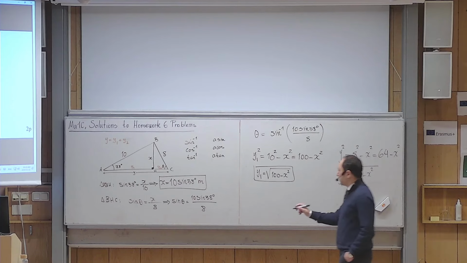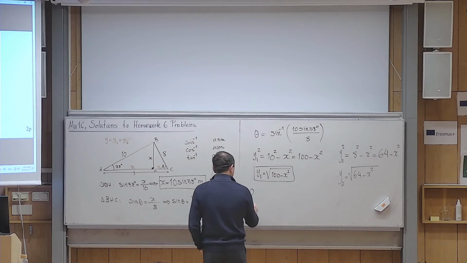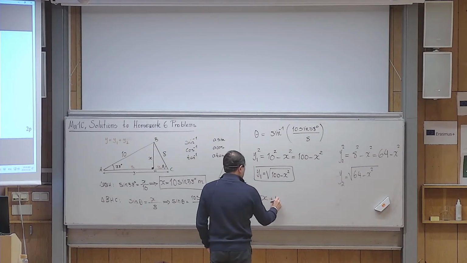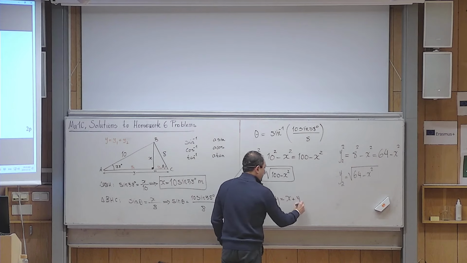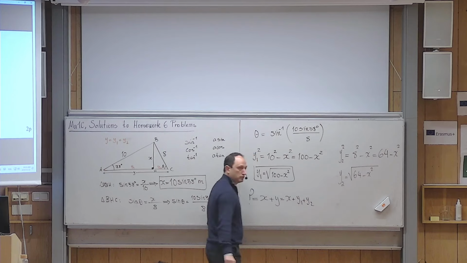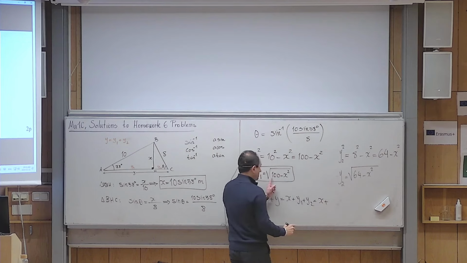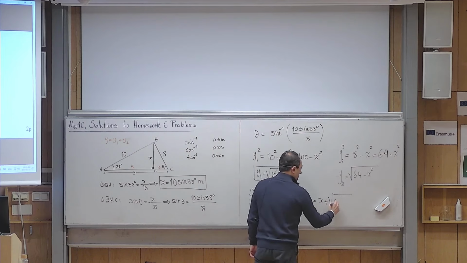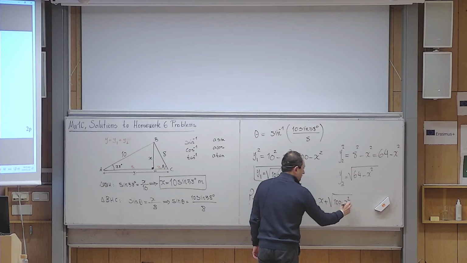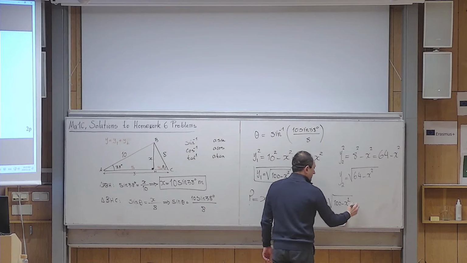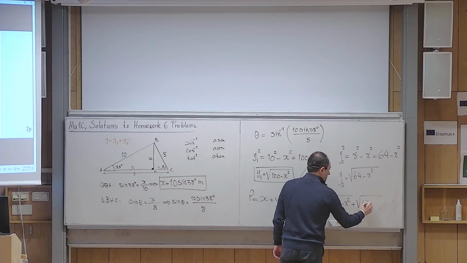So the question mark in the problem, do you remember what it was? It was x plus y. But y itself is y part 1 plus y part 2. And x is x. Y part 1 is this one, and y part 2 is this one. Do you agree or not?